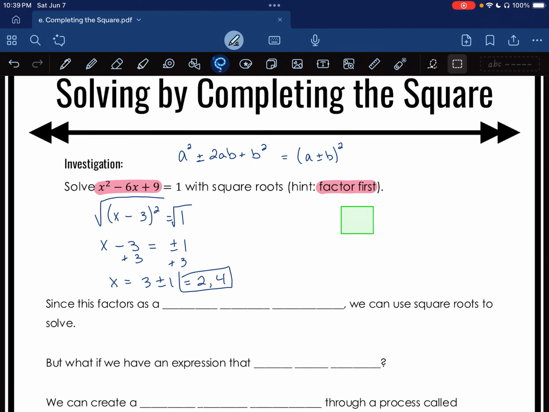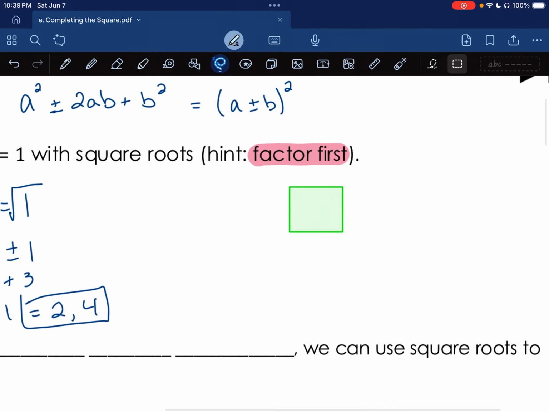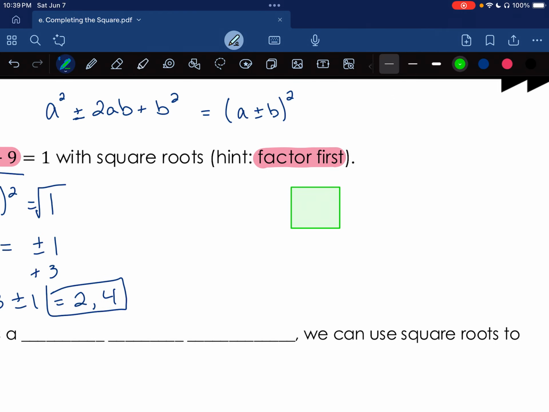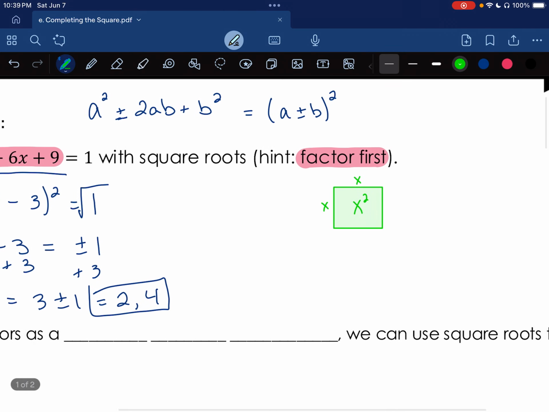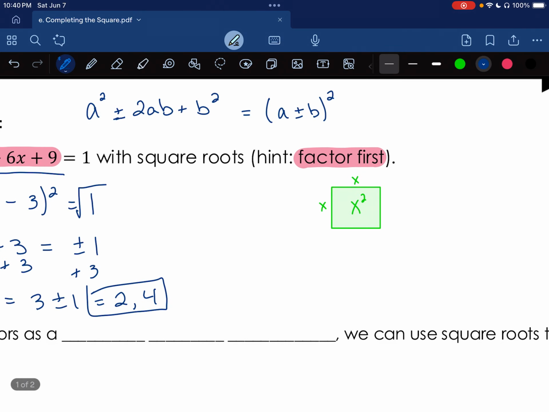So if the area of this is x squared, that means that this side length is x and this side length is x. All right. Well, let's say I have 6 x tiles and they're negative.